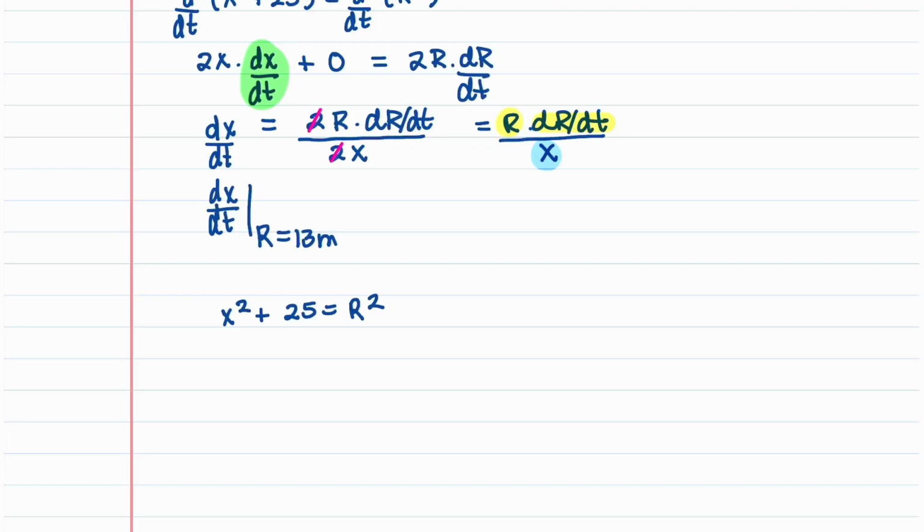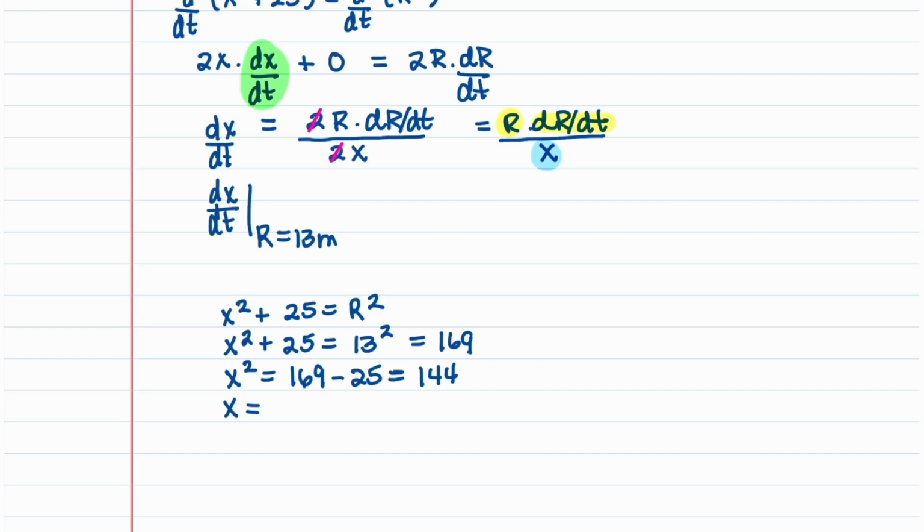Let's substitute in that R is 13. So we have x squared plus 25 is 13 squared. And we know 13 squared is 169. So x squared is 169 minus 25, and that is 144. And so x is equal to 12. And we'll go ahead and put a unit there. It is in terms of meters.